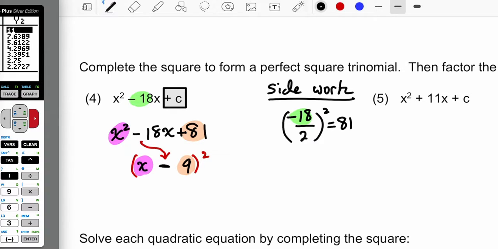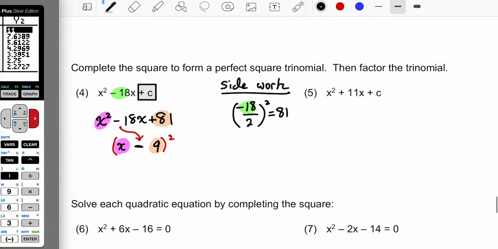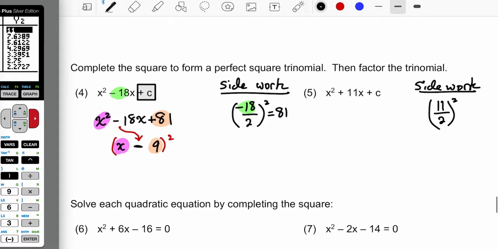That's all this question was asking you to do. All right, these questions anyway. So number 5, same deal, except now you'll get a fraction in your side work, but that's not a big deal. So take my b value, cut it in half, square it.